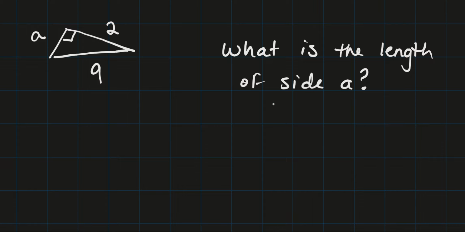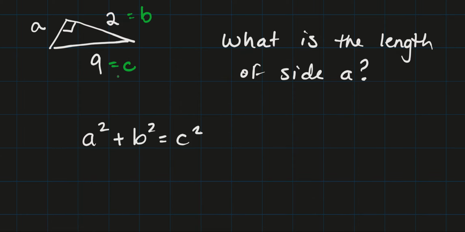The two shortest sides are always the sides of the right triangle, okay? So how we can solve for A is we're going to use the Pythagorean Theorem, which says A squared plus B squared is C squared. The longest side is always the side opposite to the 90-degree angle. So this is going to be C. And this one will be B.